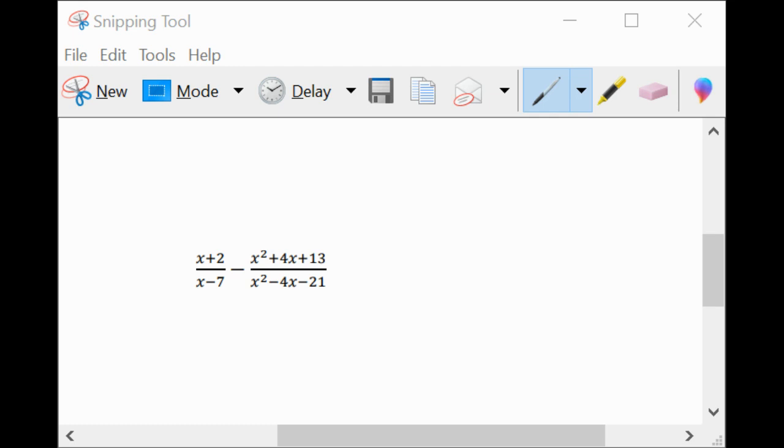Now I start surveying the denominators. I see that there's an x and a y in this one, so I know my common denominator has to have at least x and y because everything has to show up at least once. So then I notice the 2. So that's going to go out in front. 2 times this stuff.